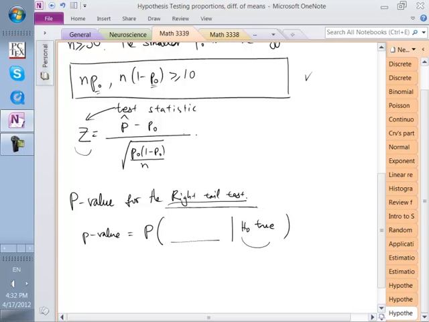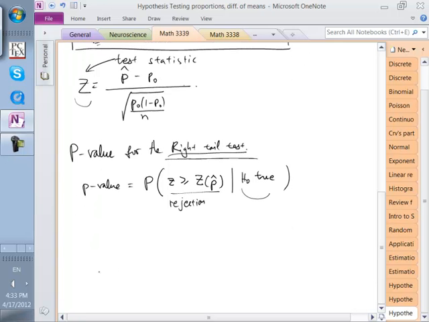So for the p-value, what you use is values of z greater than or equal to the value of your z statistic, which I would denote by z of p hat. Essentially, it's the probability where the rejection rule is not phrased based on the critical value, which you have from the significance level, but is replaced by the value of your test statistic.